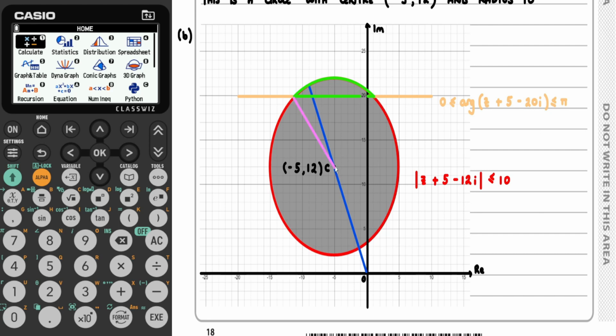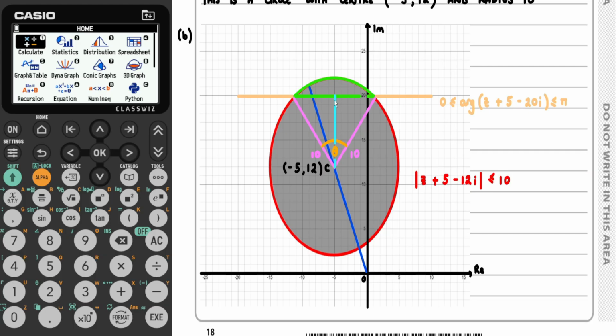The distance from the centre to this point here will be the radius, which is 10, and from here to here is also 10. The angle in between them is given by theta, and to find out what theta is, we can construct a vertical line from this point here and use trigonometry to work out this angle here.